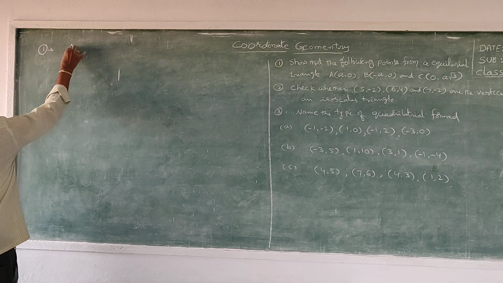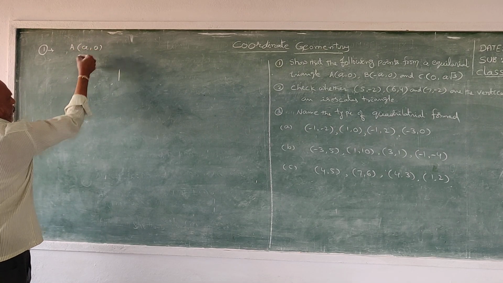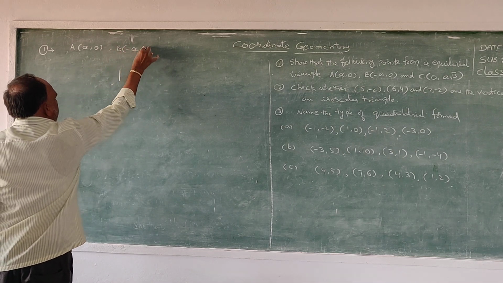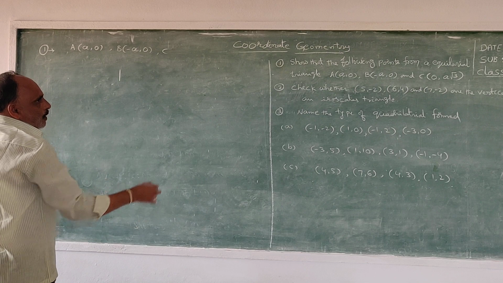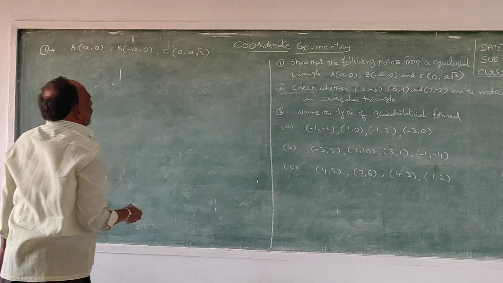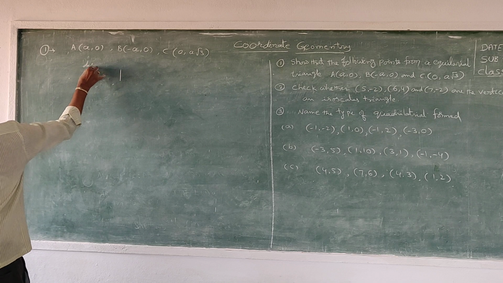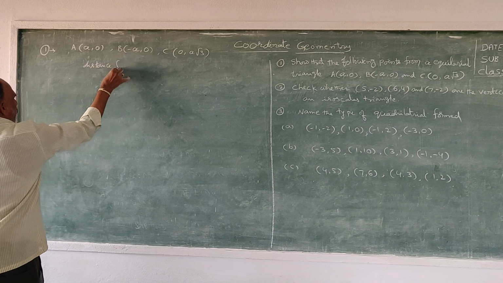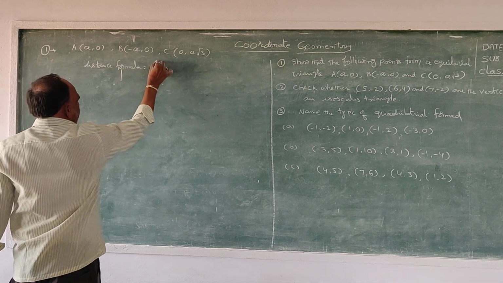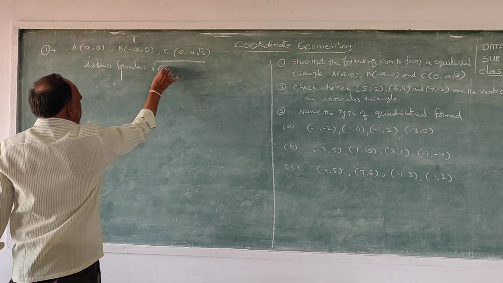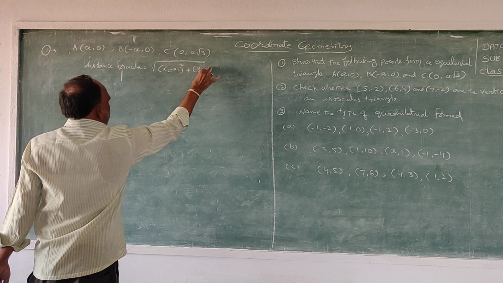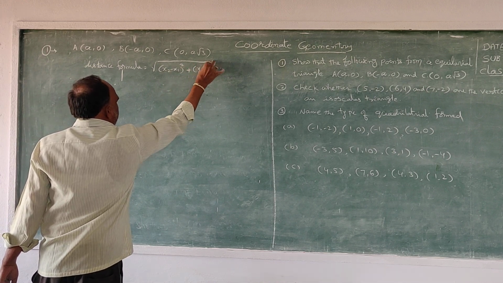Given the points A(a, 0), B(-a, 0) and C(0, a root 3). So, the distance formula is the square root of (x2 minus x1) whole square plus (y2 minus y1) whole square.